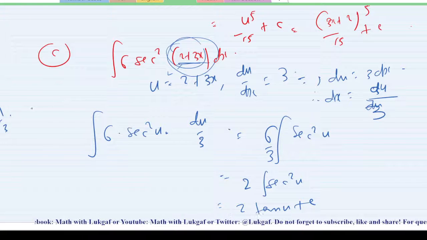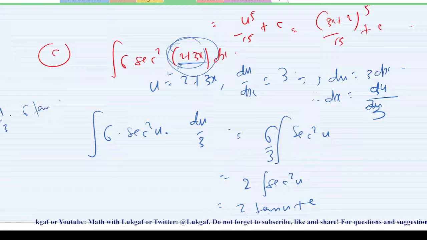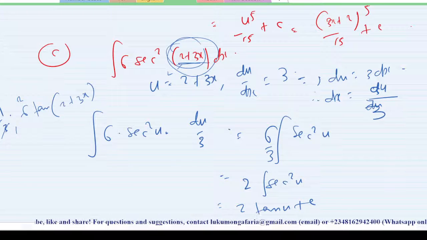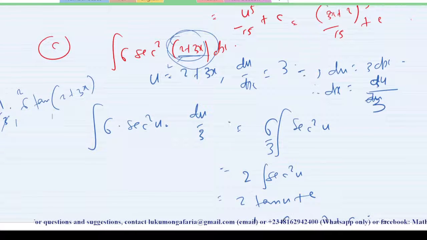So this will give me 6 tan of 2 plus 3x, and the 3 will cancel, so I have 2 tan of 2 plus 3x. That's how you can apply the u substitution approach.